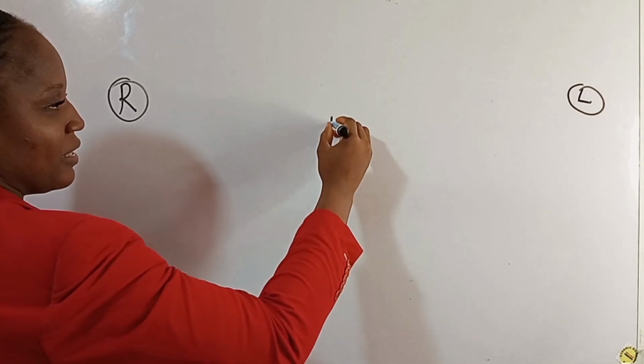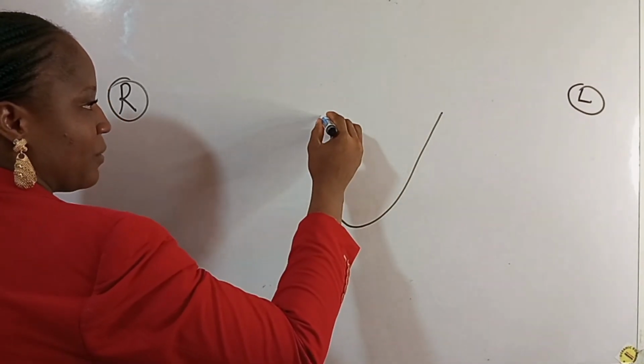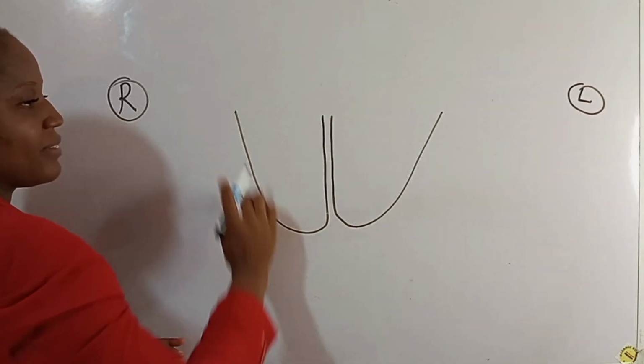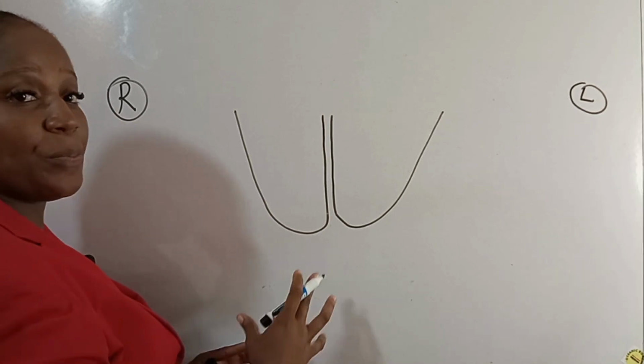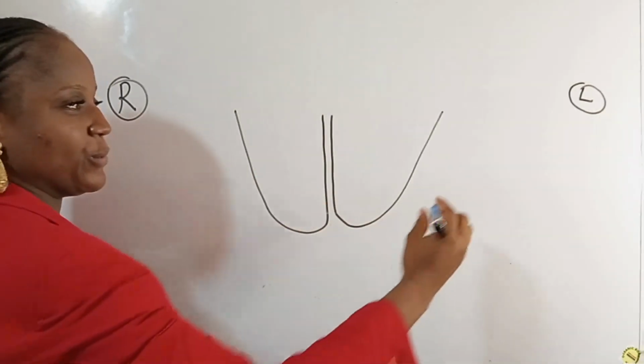So we have this, and then we have this. Yes, these are the two basic bottom chambers of the heart known as the ventricles.